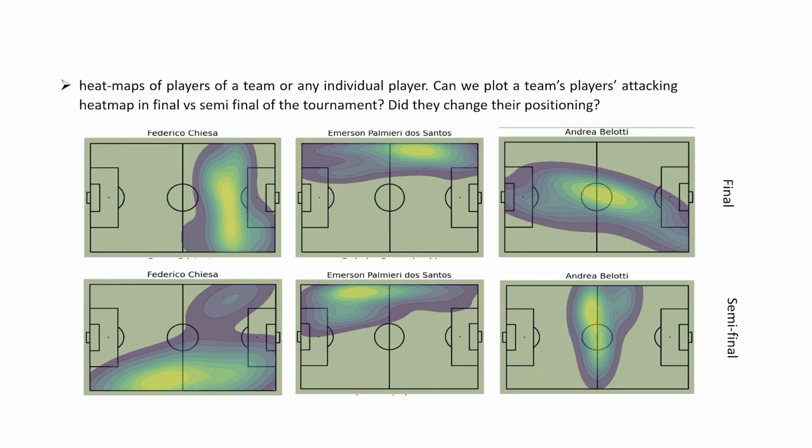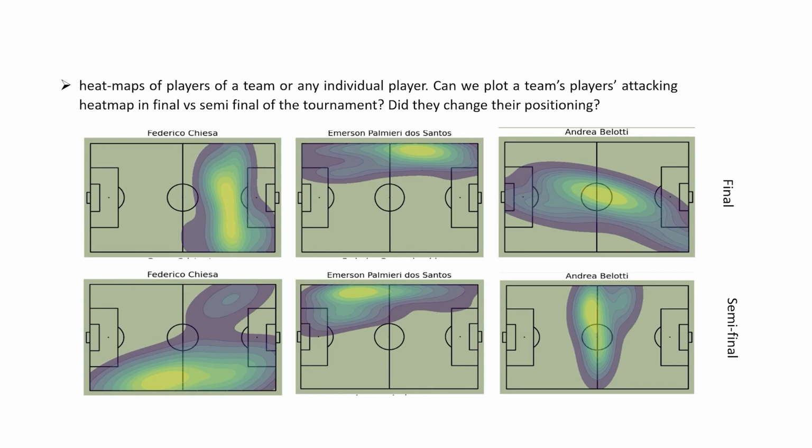To answer our second question, I plotted a heat map of Italy players in the semi-final and the final of the tournament to find out any tactical changes in the players' behaviors. Below, I have taken three examples.